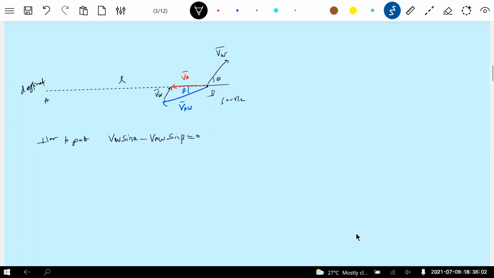Then what is the velocity VA bar? It should be the resultant of VAW cos beta minus VW cos theta. Are you looking at the negative sign? Resultant of those two. We'll replace cos beta by the above equation. Then I can go for L by VA. You solve it later on. So this will be the method of working the problem.